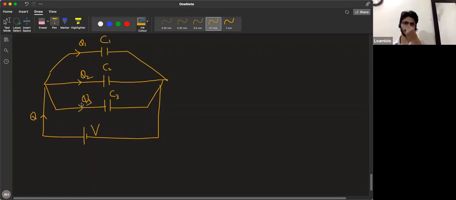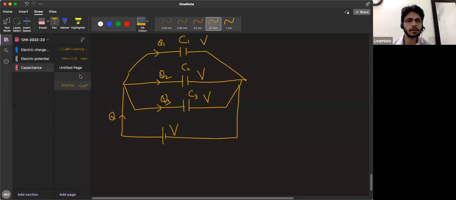Charge will divide. What about the voltage? Voltage will divide or will remain same? Ishma, in this particular combination, voltage will divide or will remain same? It will not divide.